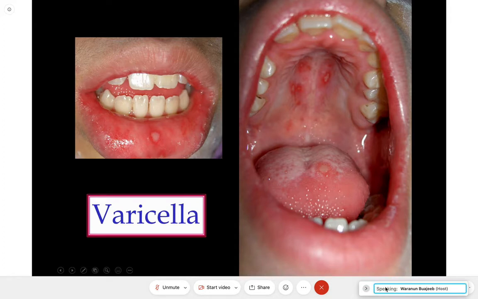I got these slides because a dentist gave them to me. These are pictures of her own son getting varicella, and because she is a dentist, she took all these pictures. So I asked whether it's all right to show to dental students, and she said it's fine. She's happy to have this presentation of her own child.